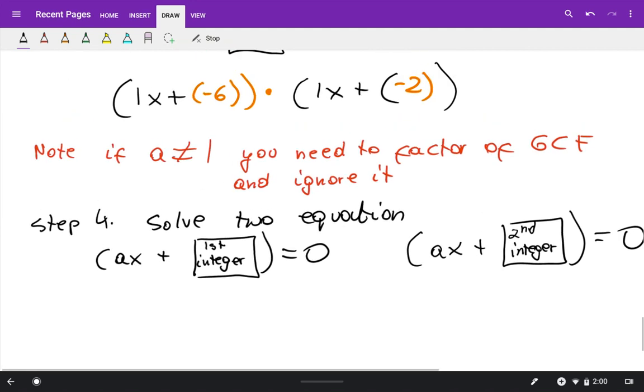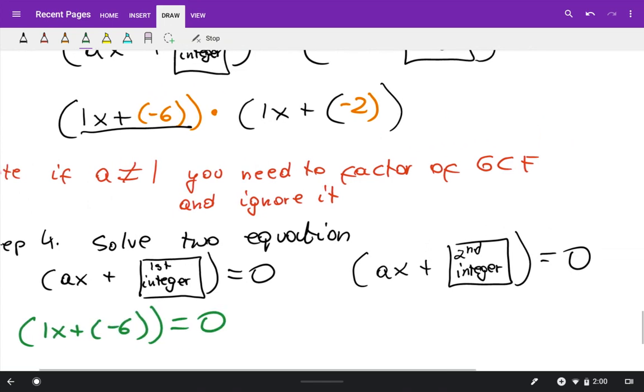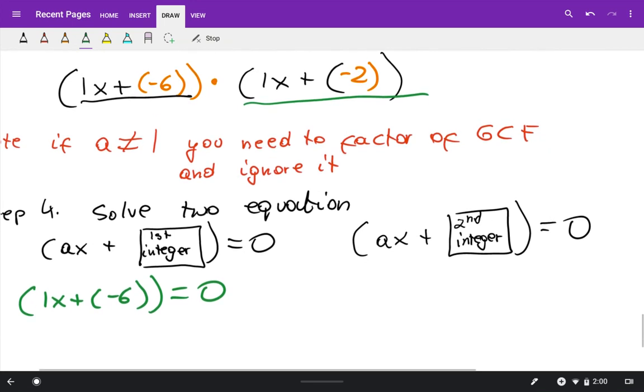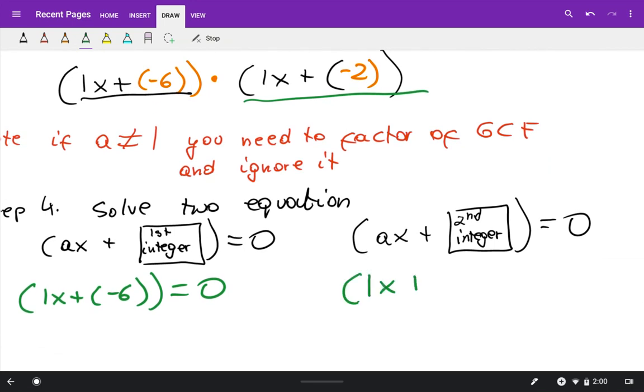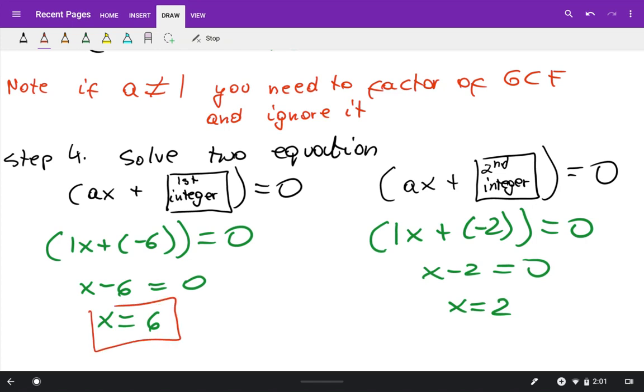Okay, so in our case, we have 1x plus negative 6 equals 0. And the second equation is 1x plus negative 2 equals 0. And I'm solving them. So this is just x minus 6 equals 0. This is x minus 2 equals 0. So we end up with x equals 6, x equals 2. And we have it. Two solutions.